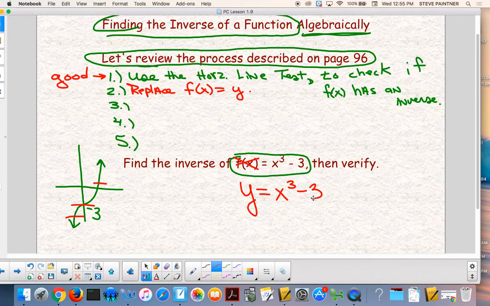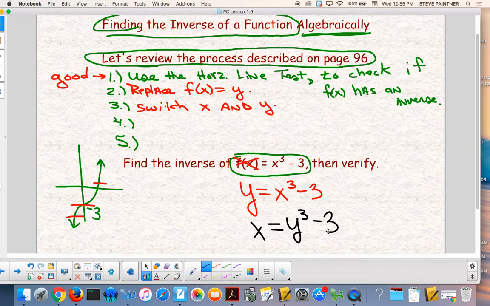Do you guys remember from last year? What's next? You want the inverse, right? Switch x and y, because for the inverse, all the ordered pairs are switched. So this y becomes x, and this x becomes y.